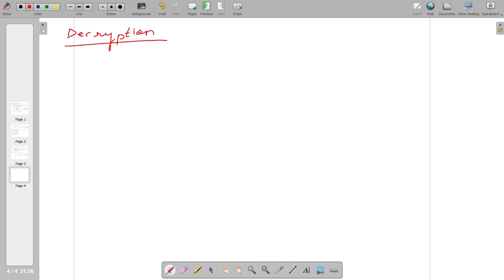So this decryption is going to work like D_B(y1, y2). This D_B is the secret key of Bob. And what is the secret key of Bob? The number A. So how does decryption work? y2 times (y1 to the power A) inverse mod P. And what is this y2?